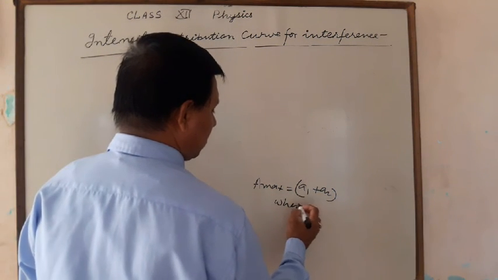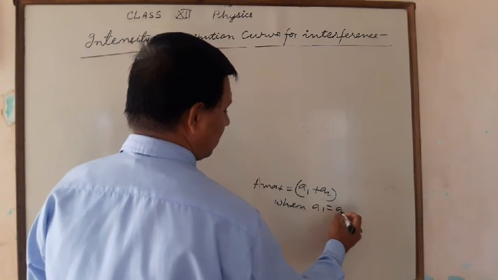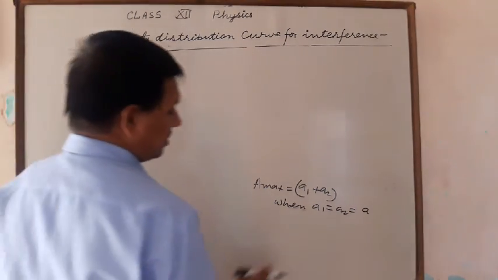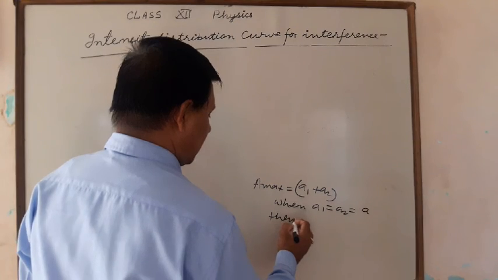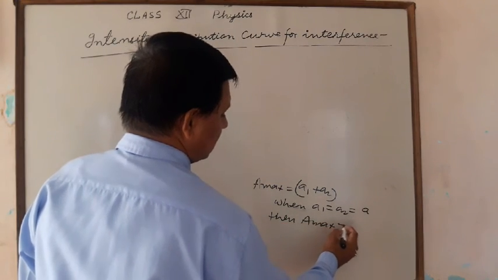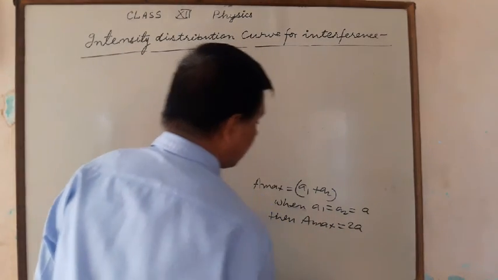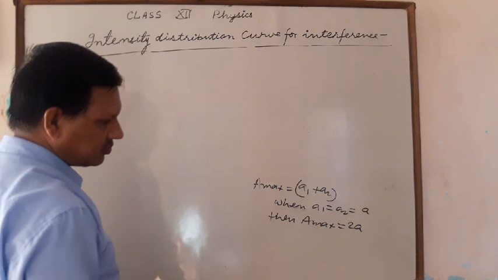When amplitude of both waves become same, that is, when A1 is equal to A2 is equal to A, then the maximum amplitude of resultant wave becomes 2A, and intensity.